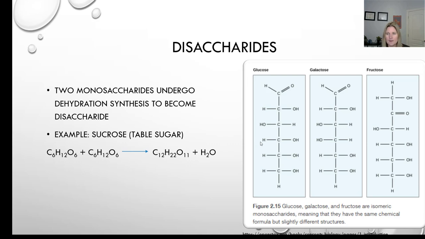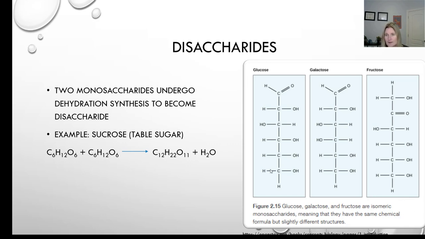So we're going to take this molecule and this molecule, and we're going to bind them together. And they're going to bond together with a covalent bond. And in doing so, once they're bonded together, an OH from one of the molecules and an H from the other molecule will bind together to form water.